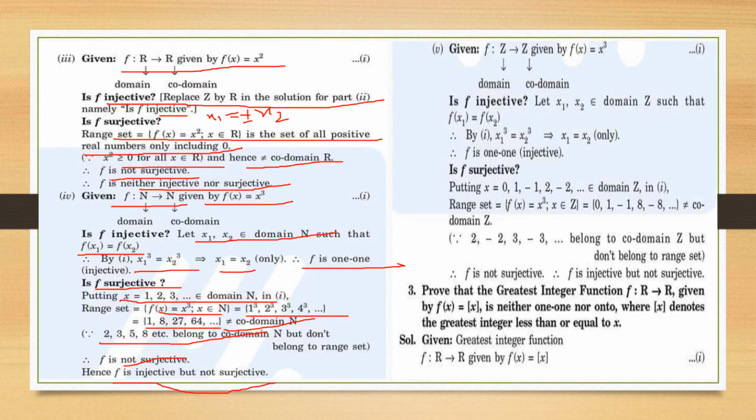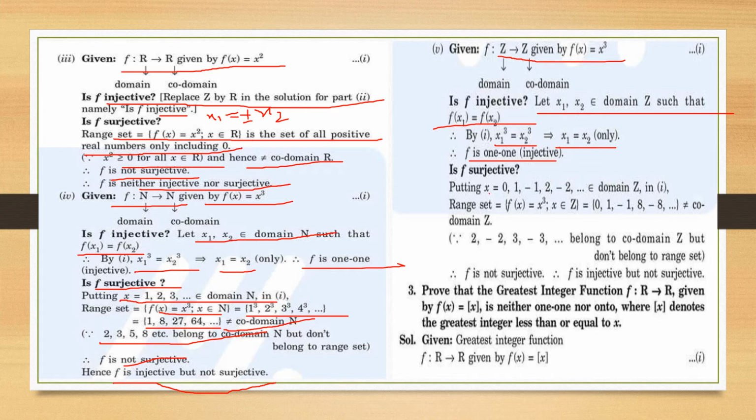Number 5 is Z to Z, integer to integer, x³. Let us quickly go for it. Again, x1, x2 belong to domain Z. f(x1) = f(x2), x1³ = x2³, x1 = x2, right? So f is 1-1.